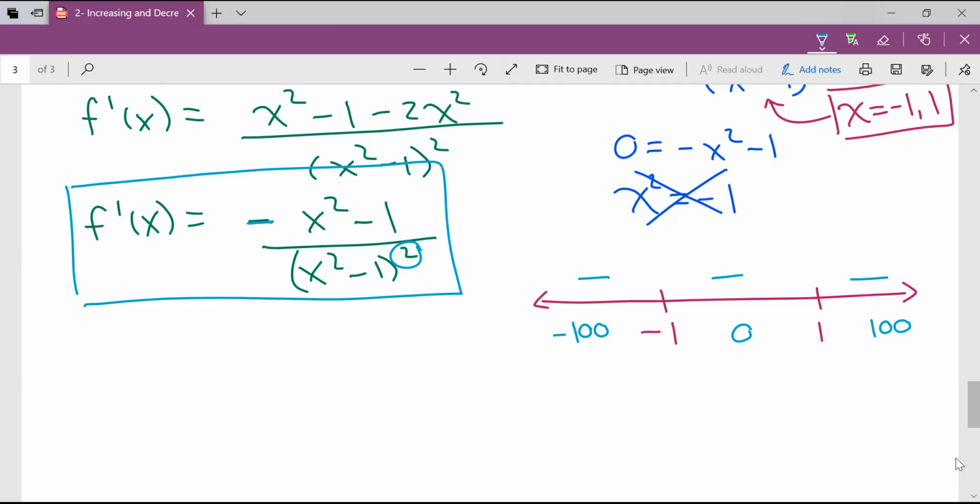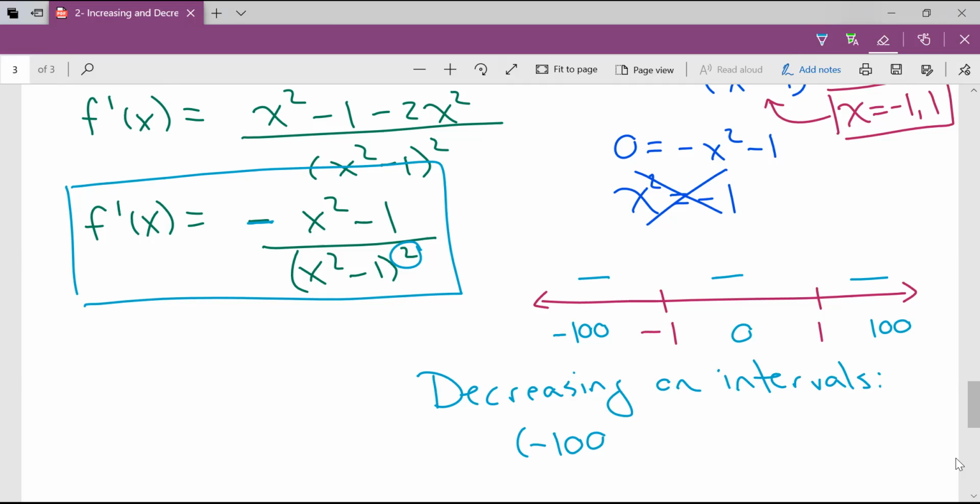It's negative everywhere. So what I know is we're decreasing on the intervals negative infinity to negative 1, union, negative 1 to 1, union, 1 to infinity.